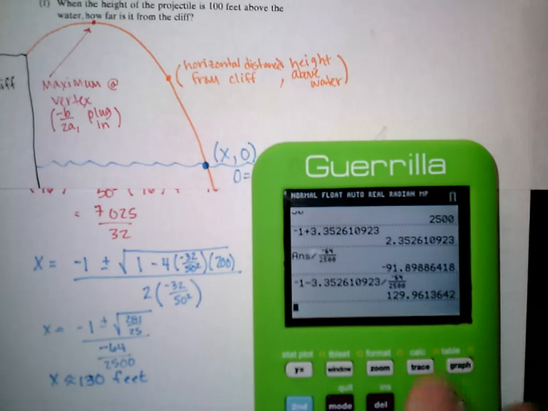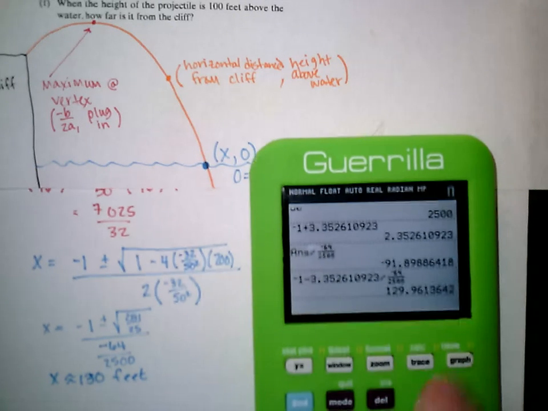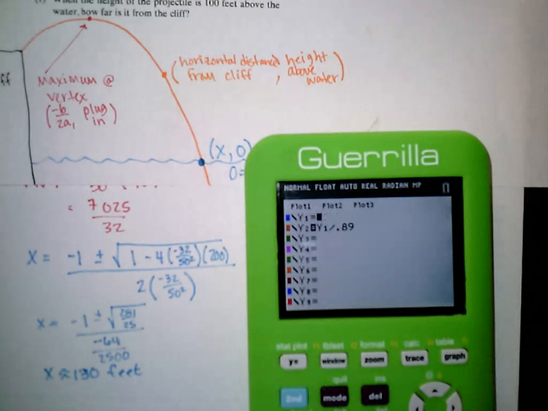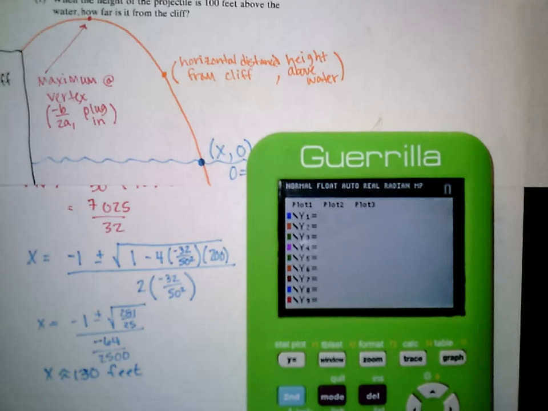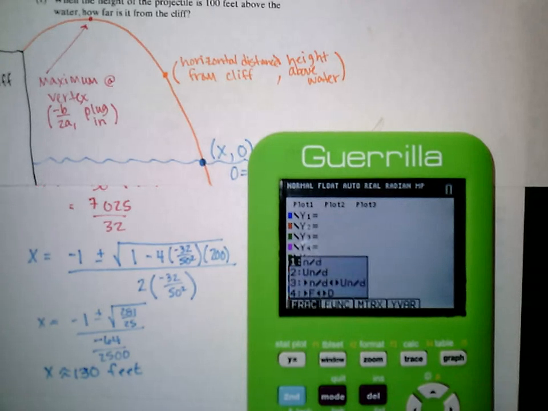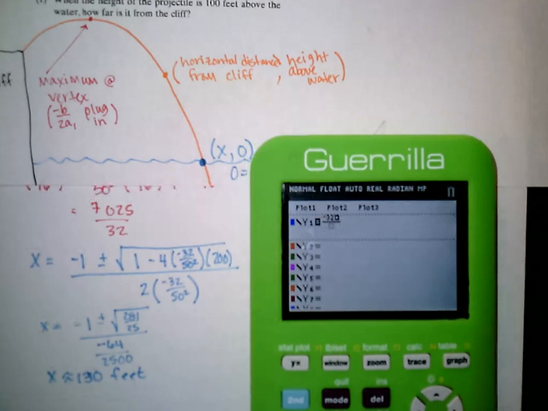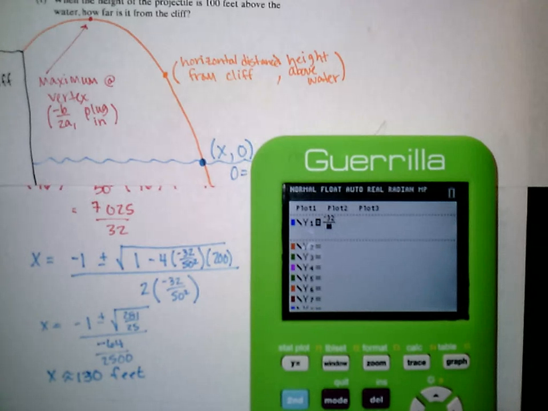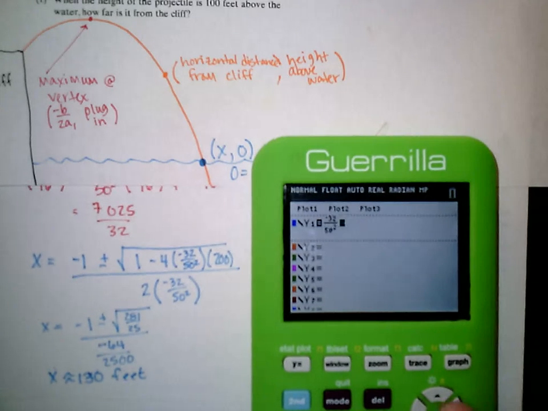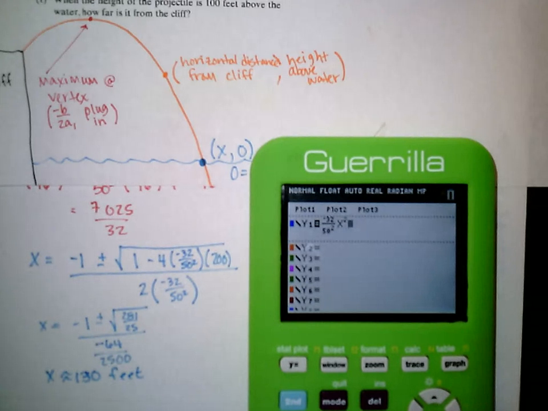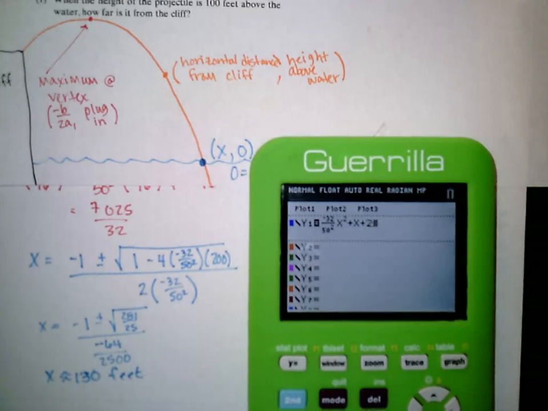Letter D, we are supposed to graph the function and verify the answers that we had on our calculator. That's just good practice anyway. So if I were to graph my function, which was y equals -32 over 50 squared times x squared plus x plus 200.